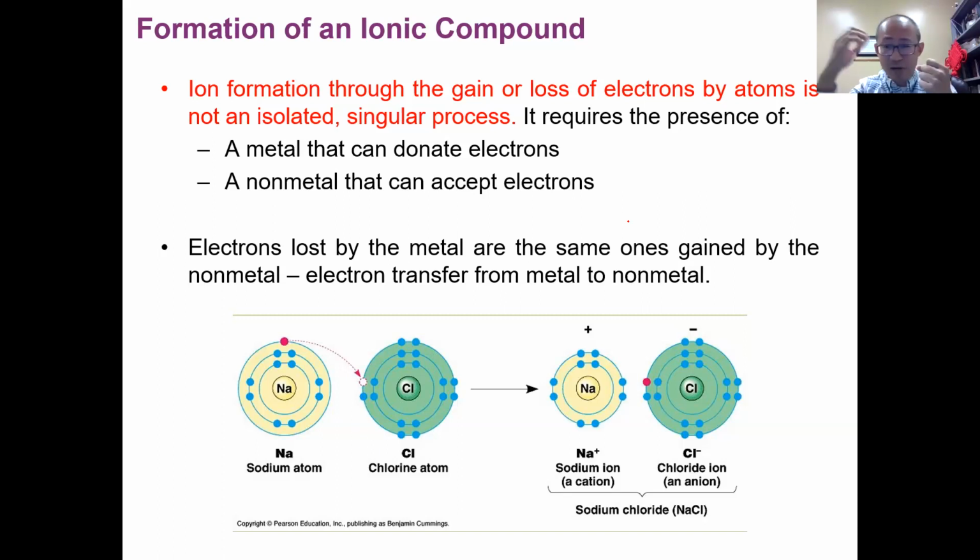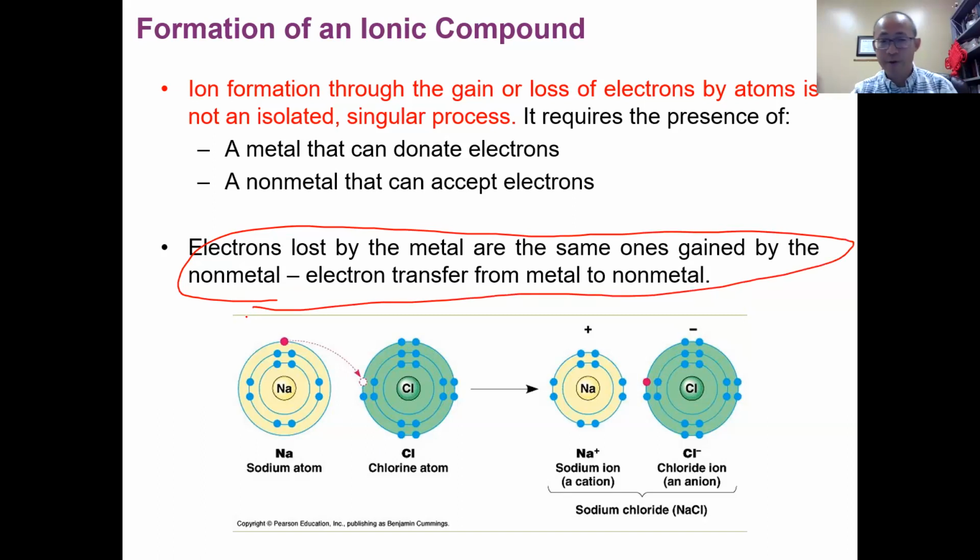So electrons are not really lost. They're lost by the metal, but gained by what? By the non-metal. So instead of normally saying losing or gain, we're actually talking about what? The transfer of electrons. Okay, electron transfer. So electron lost by the metal are normally gained by the non-metal. That's how we realize transfer.